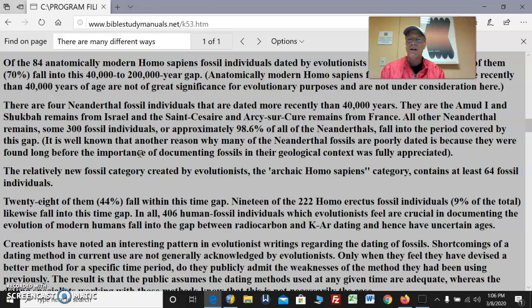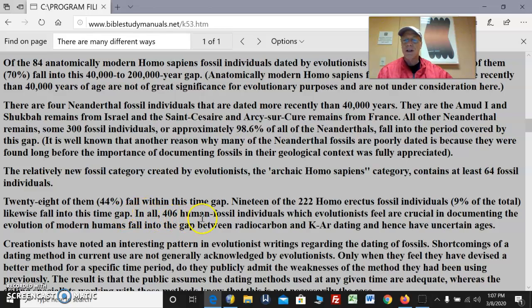It is well known that another reason why many of the Neanderthal fossils are poorly dated is because they were found long before the importance of documenting fossils in their geological context was fully appreciated. The relatively new fossil category created by evolutionists, the archaic Homo sapiens category, contains at least 64 fossil individuals. 28 of them, 44%, fall within this time gap. 19 of the 222 Homo erectus fossil individuals, 9% of the total, likewise fall into this time gap.